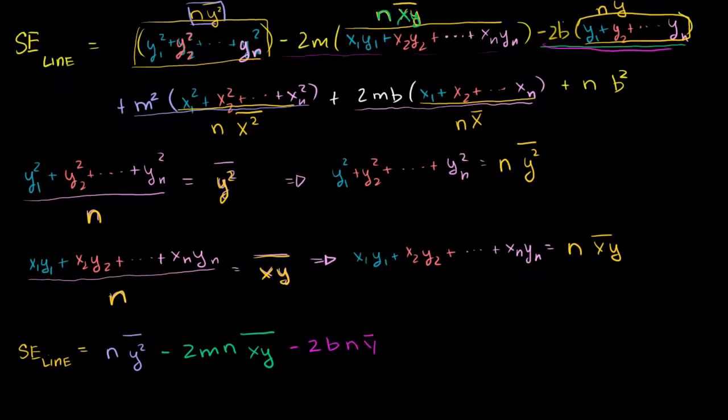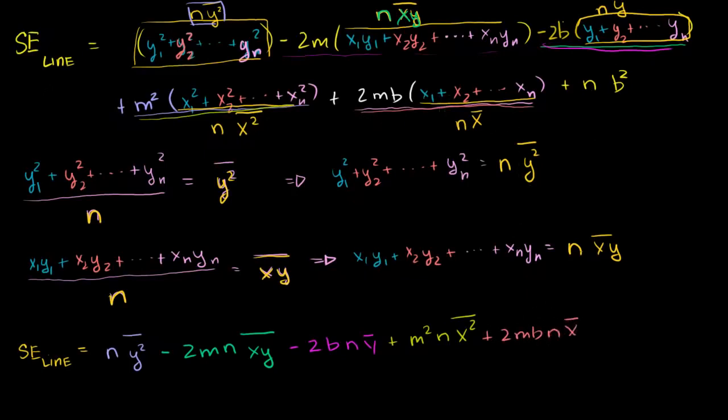And then we have plus m squared times n times the mean of the x squared values, and then we have, almost there, home stretch, this over here, which is plus 2mb times n times the mean of the x values.